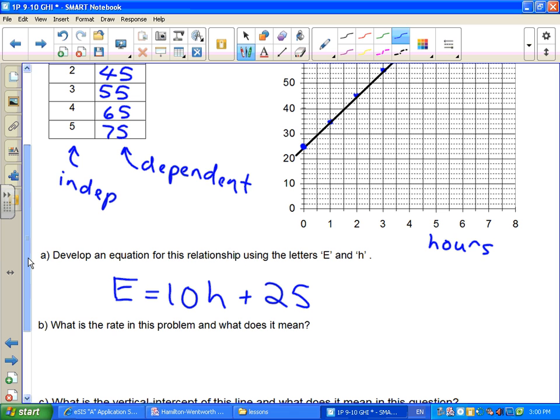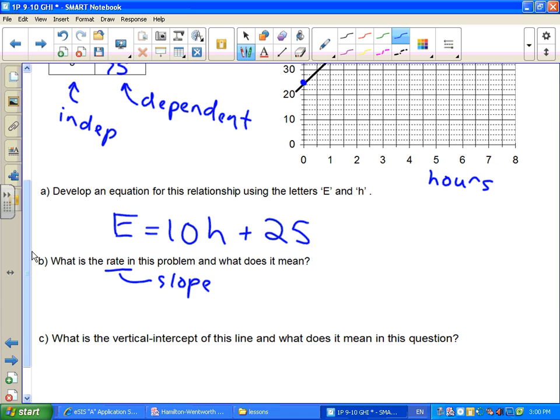Part B asks, what is the rate in this problem and what does it mean? Well, rate is just another word for slope. So let's say I wanted to calculate the slope of this line that I've got here. I can use this formula, y2 minus y1 over x2 minus x1.